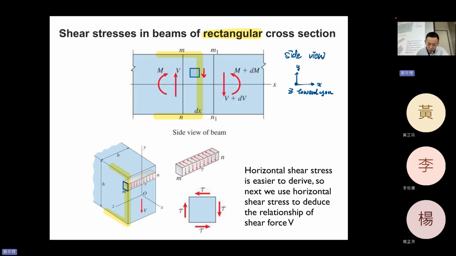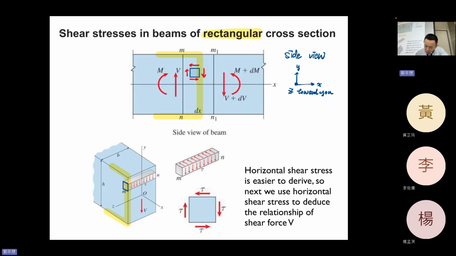Okay, so we know that the shear always appears in a group, in coupled, right? These two stresses are the same, right? Or these four stresses are the same, right?